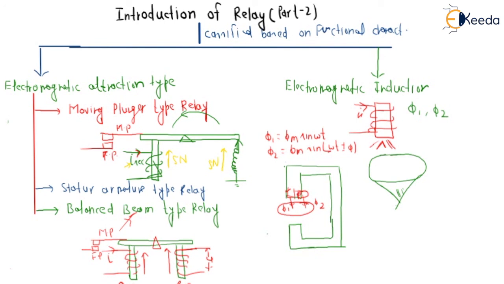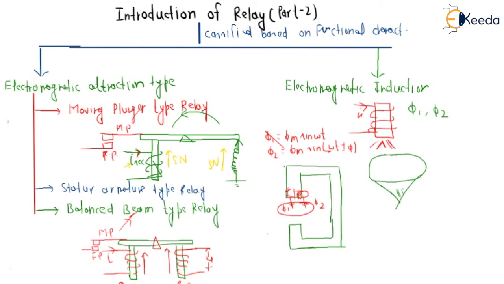I am not going into all the details because you have studied this in machines or measurement. This is not the main part of the relay; I am just using it to show how the torque is applied. So this is the principle of electromagnetic induction.